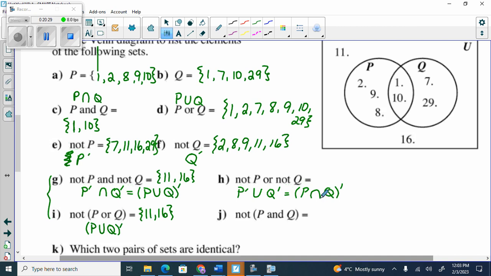Correct? So P and Q contains 1 and 10. I list everything else. So it's going to be 2, 7, 8, 9, 11, 16, 29. Just so you know, they don't have to be listed in order. I just like listing them in order. But as long as you have all the same numbers as me, it doesn't matter what order they're in.